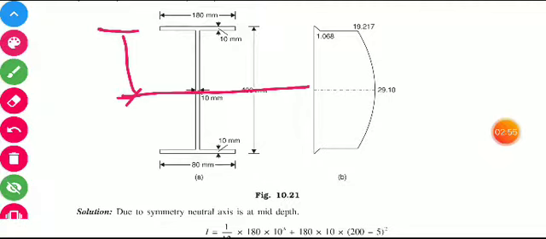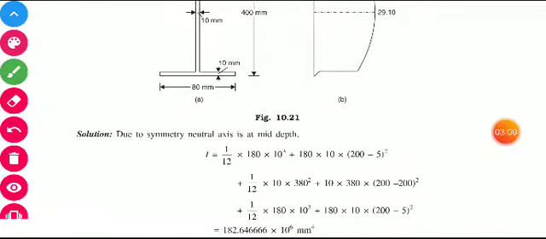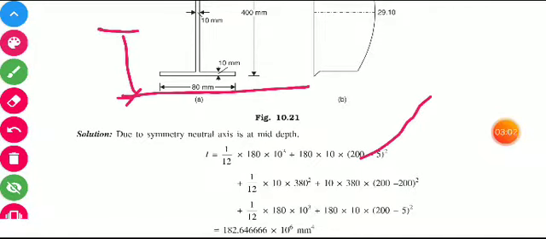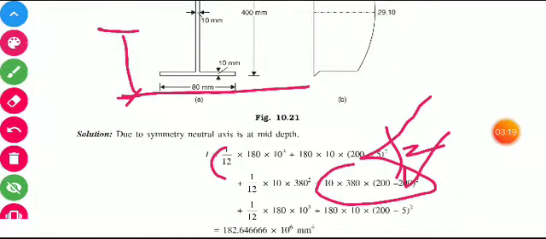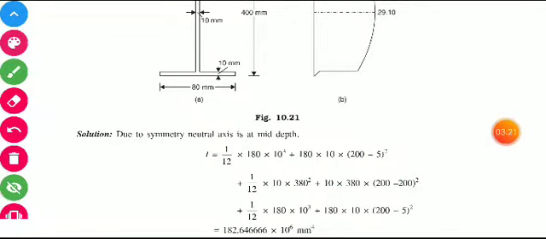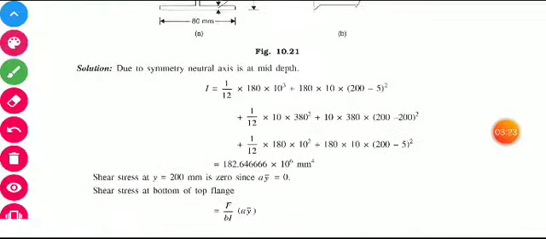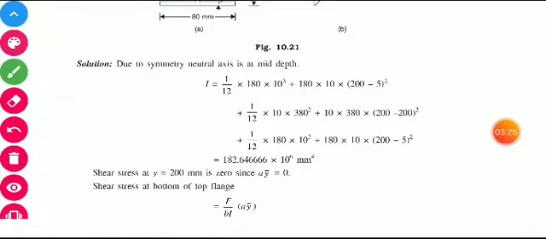So 200 minus 5 is 195. Then the second one lies on the neutral axis, so we don't need to calculate this part because 200 minus 200 becomes 0. So just bd cube by 12. And the third one is similar to the first, so we just put it twice for direct calculation. So I becomes this.